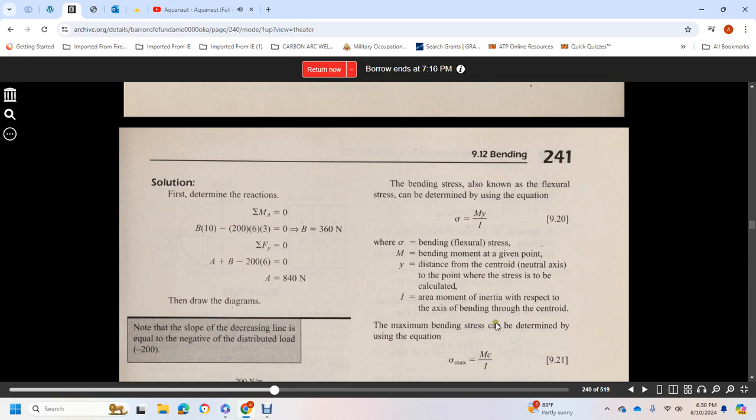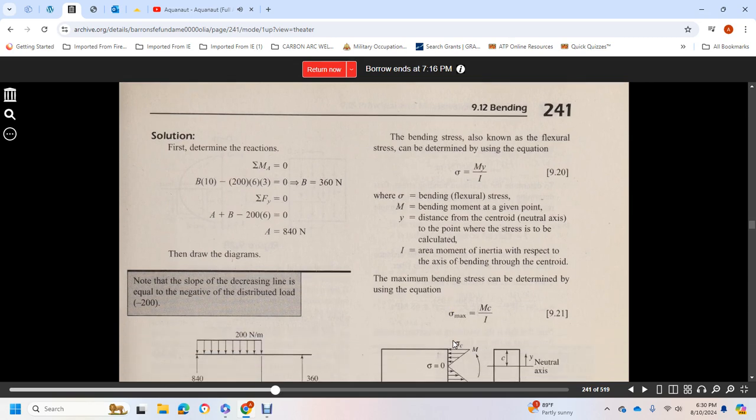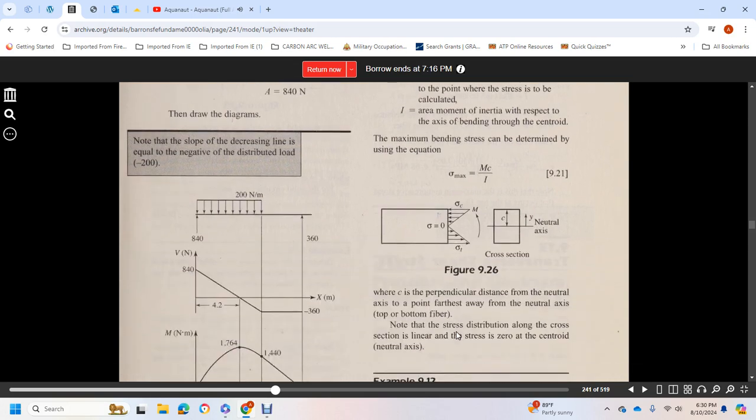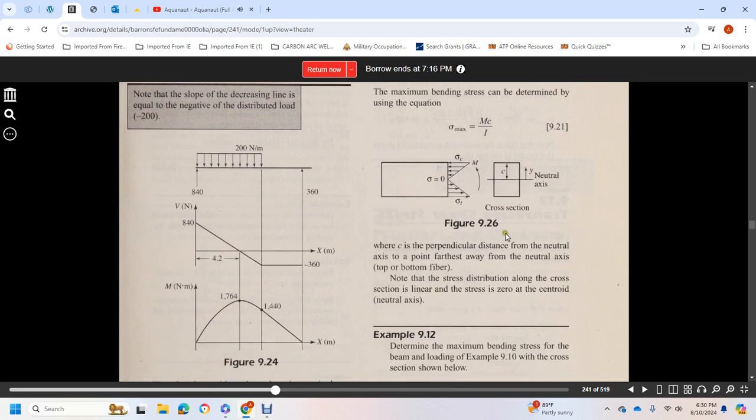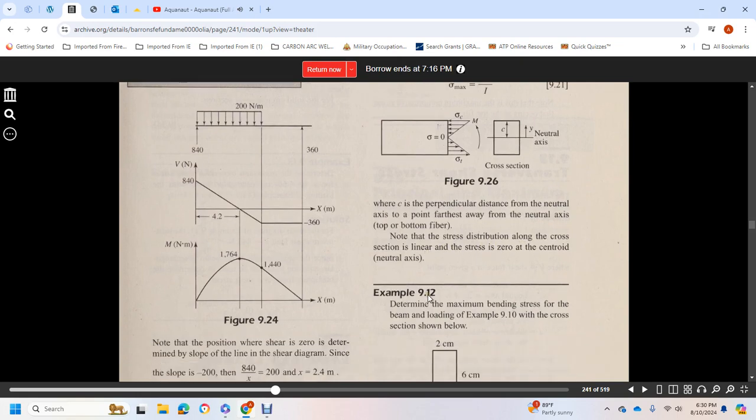The maximum bending stress is determined by sigma max equals M times c over I, where c is the perpendicular distance from the neutral axis to the point farthest away from the neutral axis, the top or bottom fiber. Note that the stress distribution in the cross-section is linear, and the stress is 0 at the neutral axis.